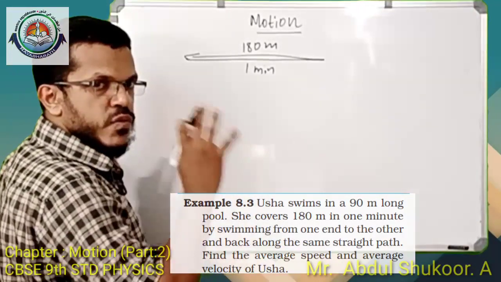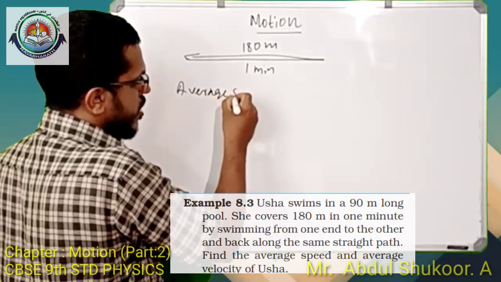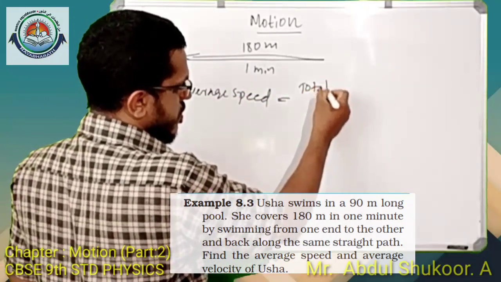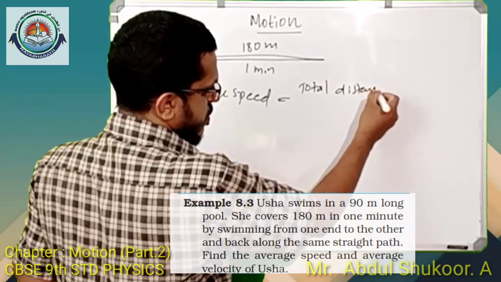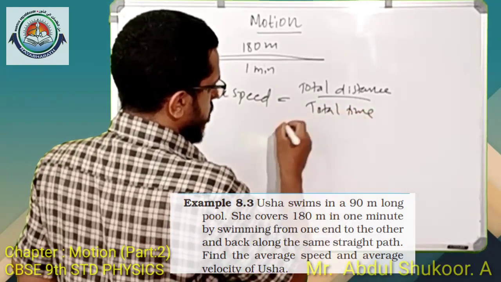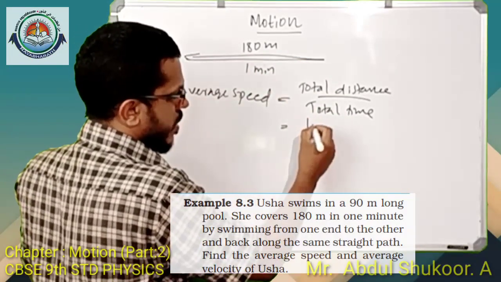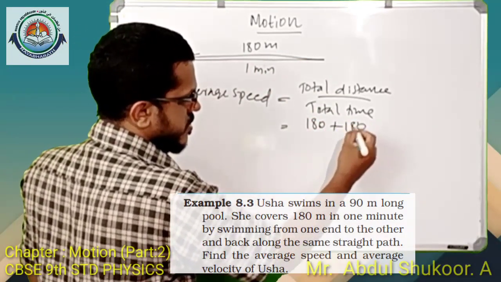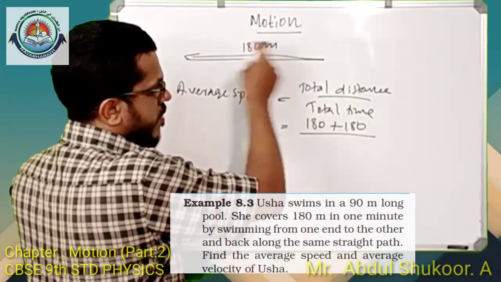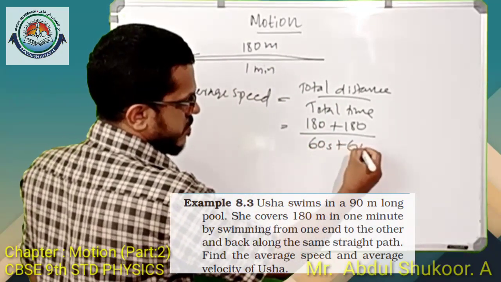Then what is the average speed? Average speed can be found out as total distance divided by total time taken. Here the total distance is 180 plus 180, that is the total distance covered, divided by the total time. 1 minute is 60 seconds, so 60 seconds plus 60 seconds.